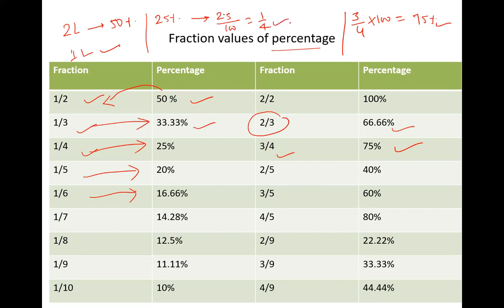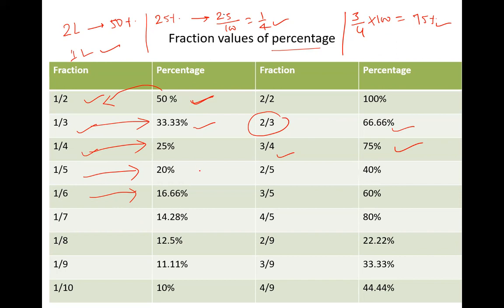So this is a very good trick. Okay. And there are some fraction values whose percent value is easy to remember, like 1 upon 2 is 50%. No need to remember forcefully. Automatically, it's very easy to remember.